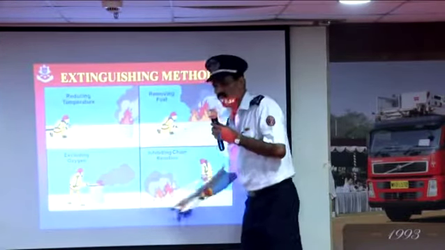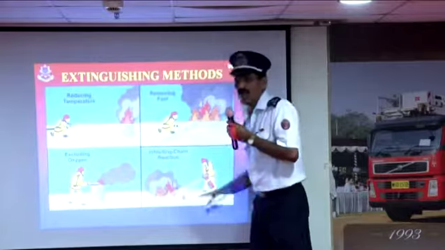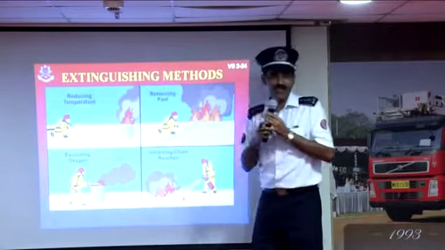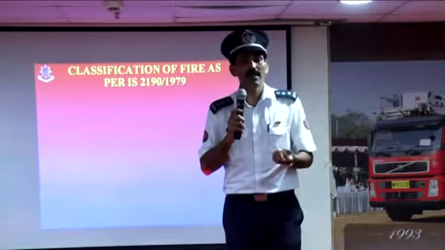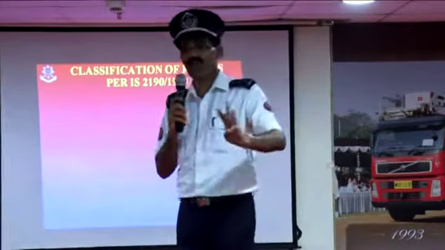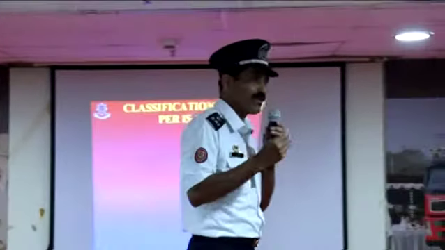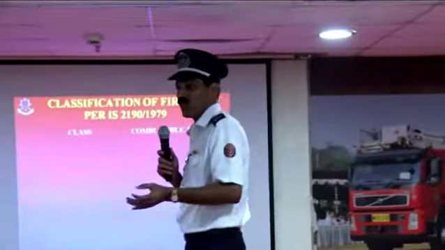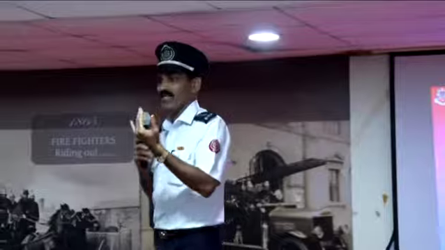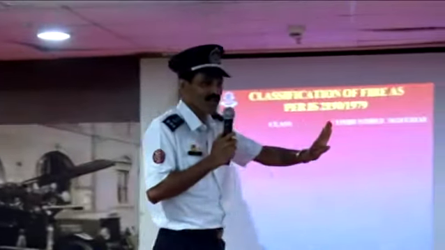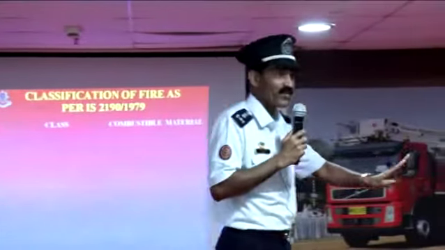So this is some scientific part, a deep study. In olden days, till now, we were saying that only 3 things are required to start a fire, and if we remove one of them, then there will be no fire. But now, in case of combustible gases and combustible liquids, there is a 4th factor, that is a chemical chain reaction.